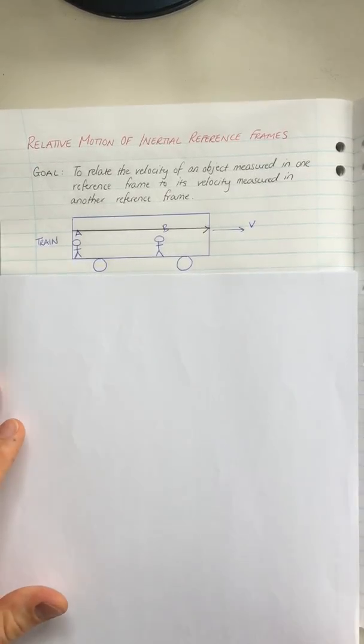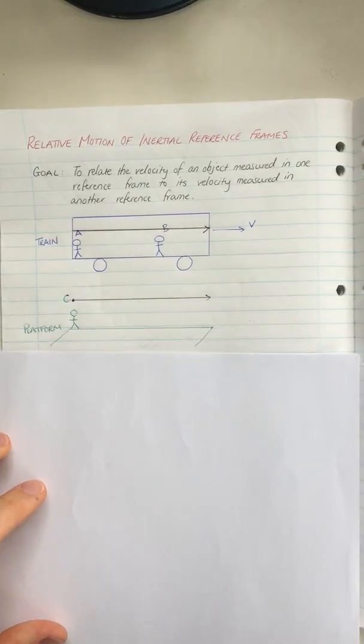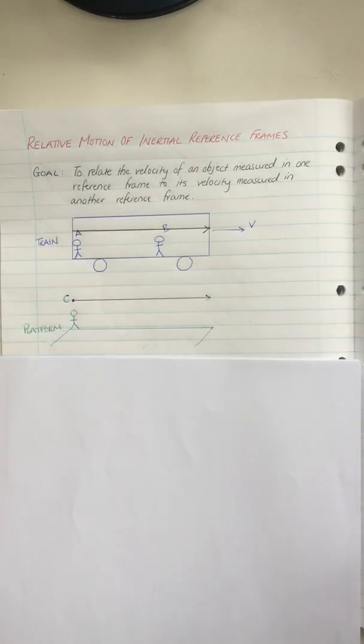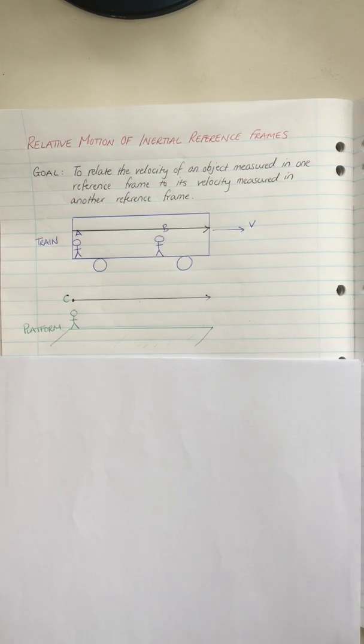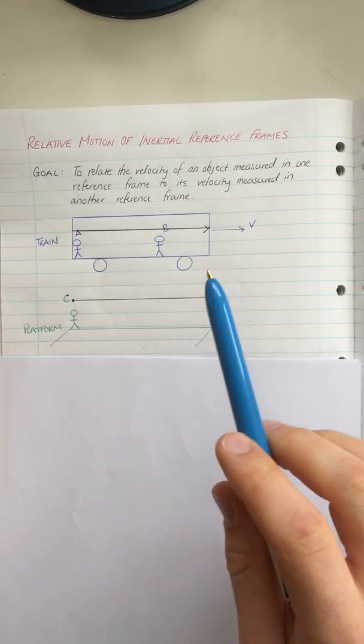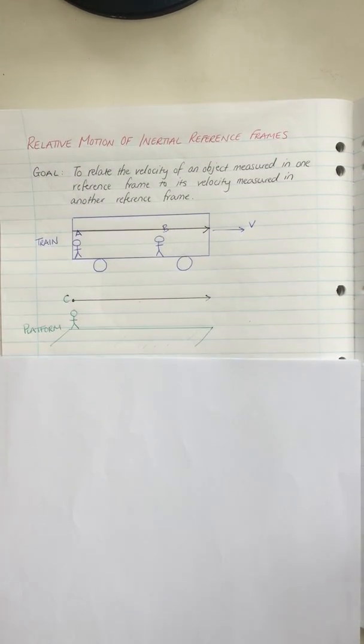But if we compare that to a person here, let's say person C, perhaps Carl, again just pulling a name out of nowhere, who's standing on the platform watching this train go by. Obviously this person thinks that the train and everything in it is moving.